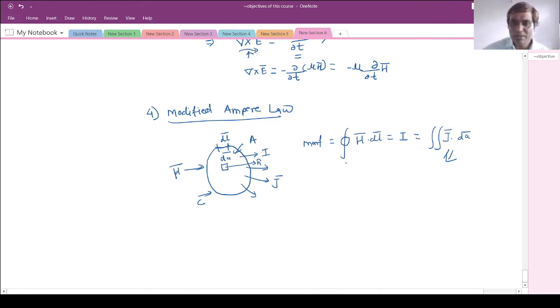Now let me convert this contour into a surface area, and for that we have to apply Stokes theorem.